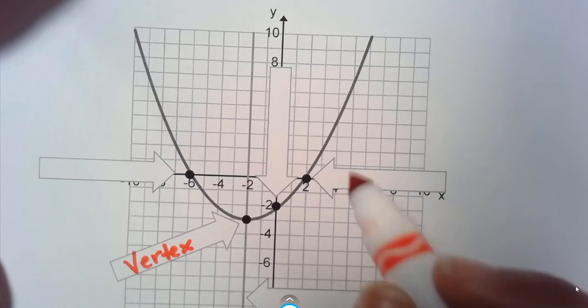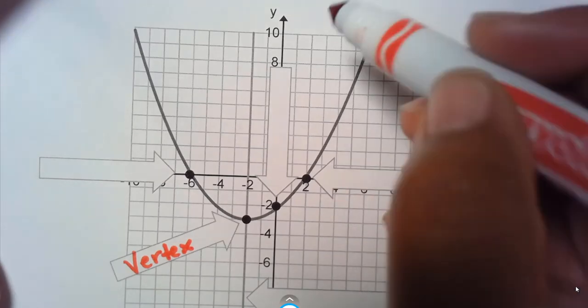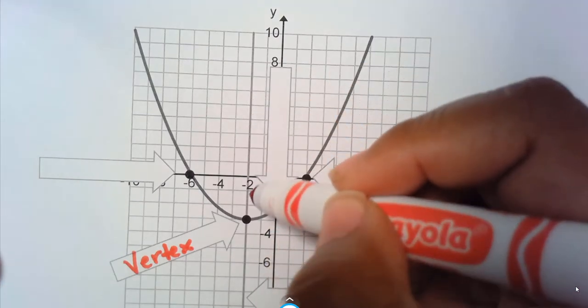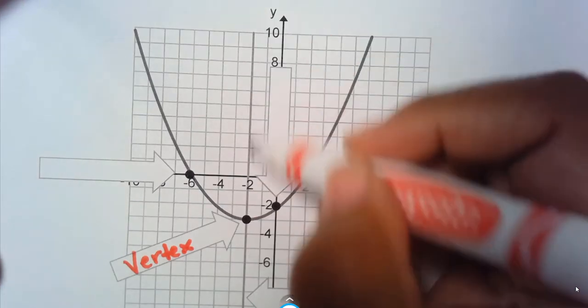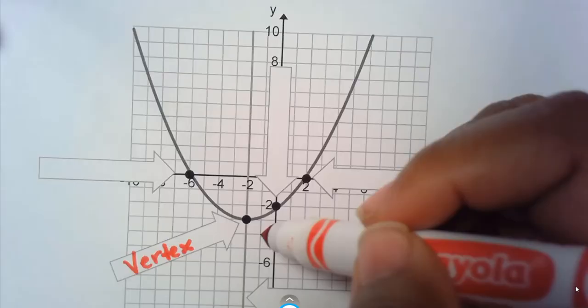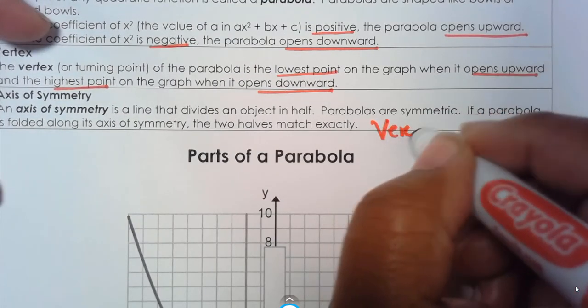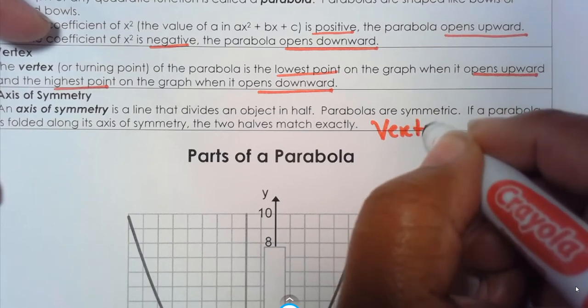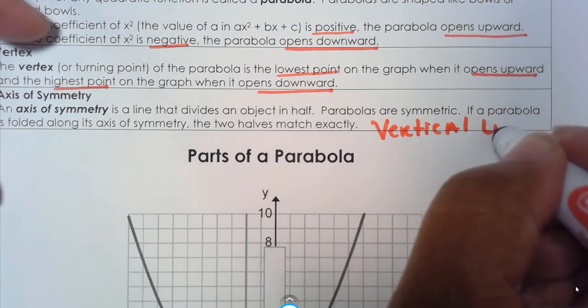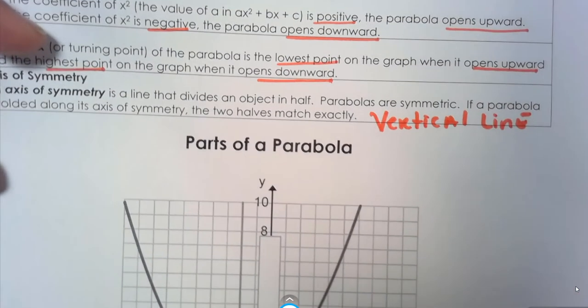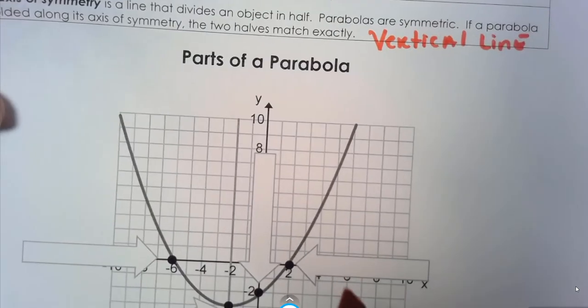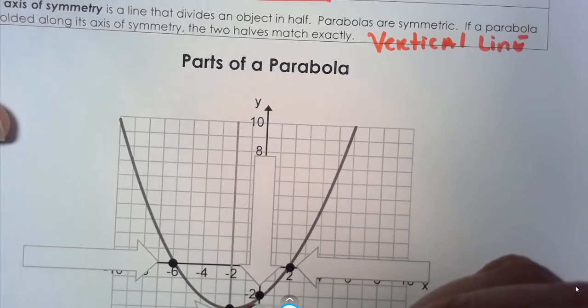Then we have what's called the axis of symmetry, and the axis of symmetry is a vertical line. And let me make a note of that. The axis of symmetry is a vertical line that divides the parabola in half.